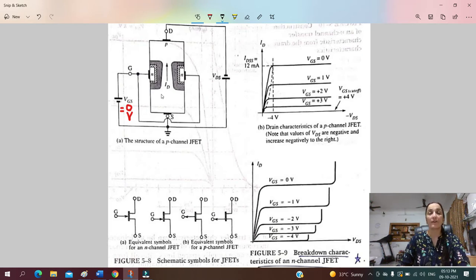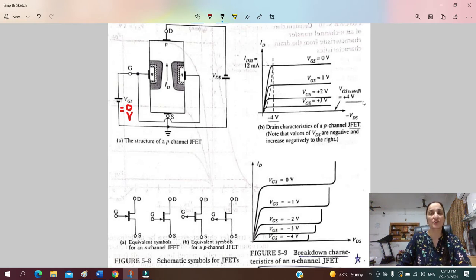So a very interesting phenomenon happens when VDS is increased to a value equal to the pinch off voltage of the particular JFET. Now suppose we have taken a P-channel JFET in which pinch off occurs for plus 4 volt.